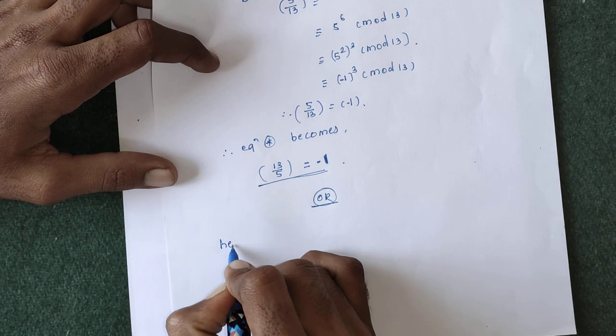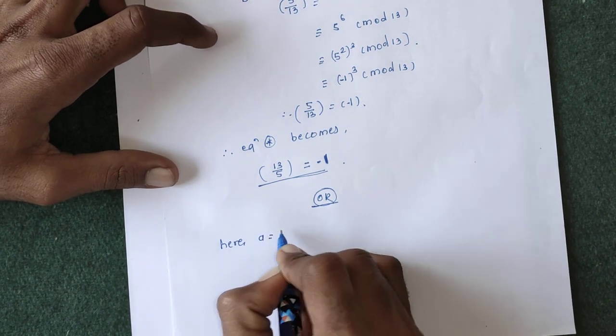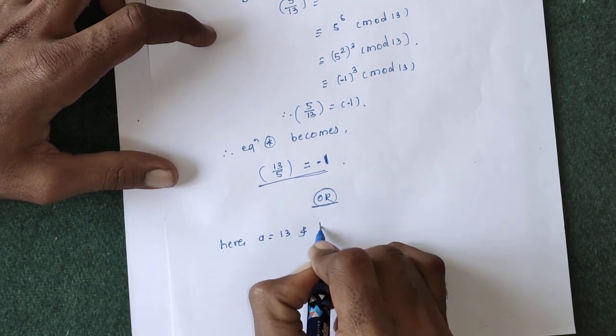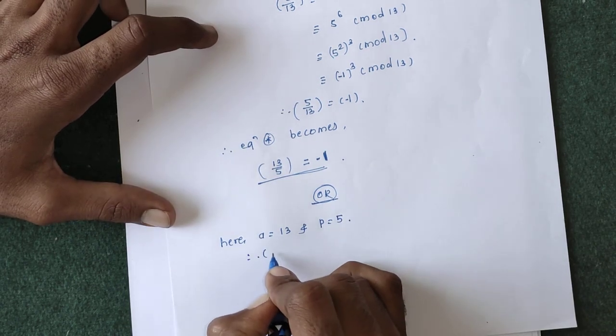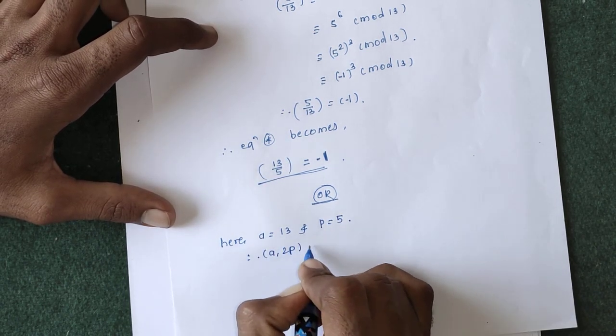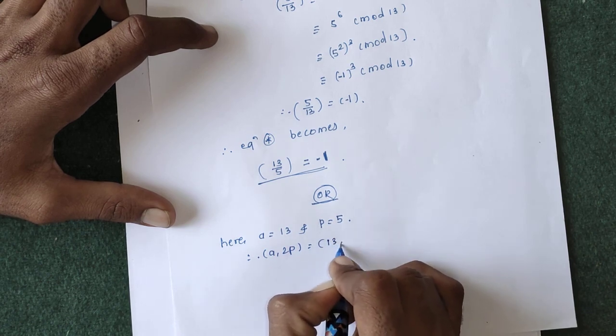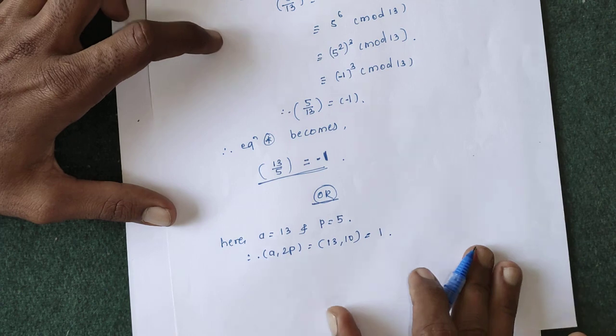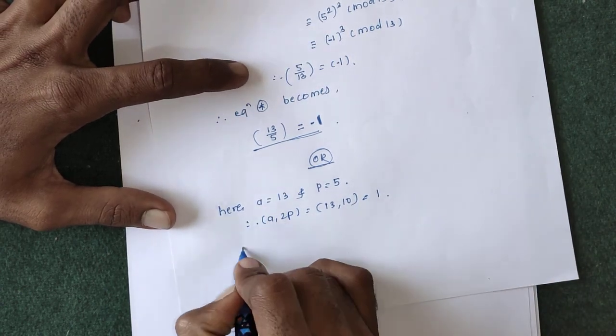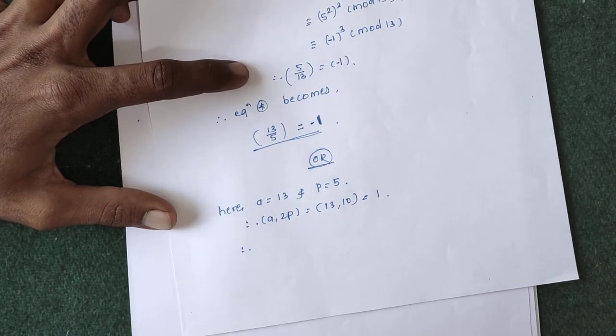Here a is equal to 13 and p is equal to 5. Therefore the GCD of a and twice p is the GCD of 13 and 10, and the GCD of 13 and 10 is 1.